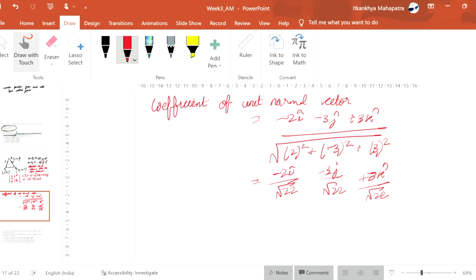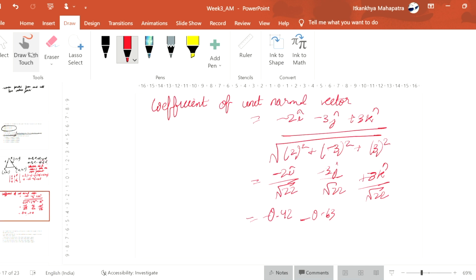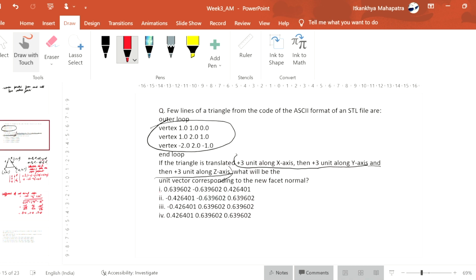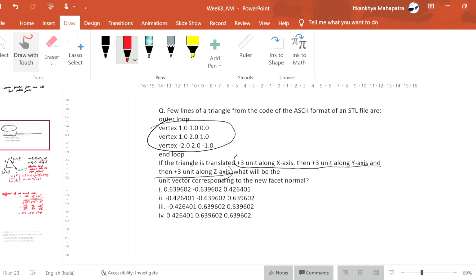Upon solving this we will get minus 0.42, minus 0.63, and plus 0.63. Now according to the options, option 2 is the correct answer.